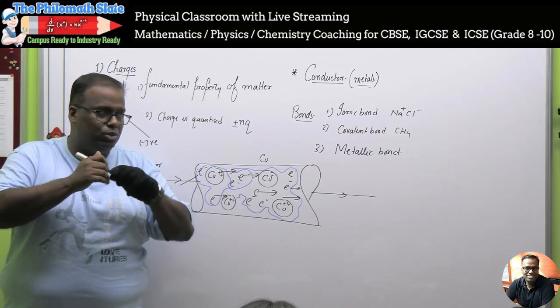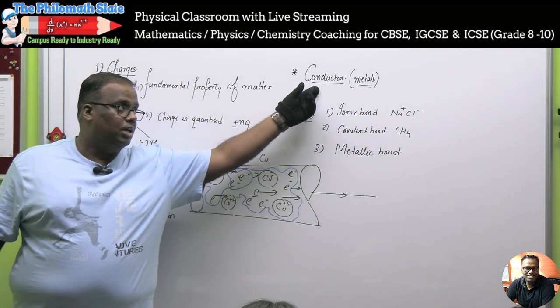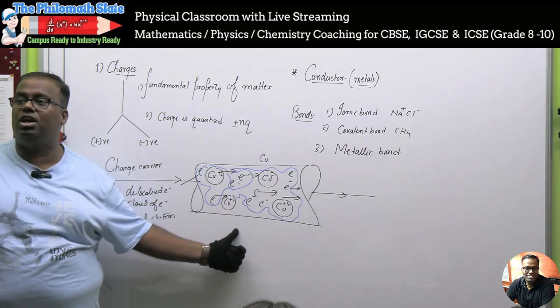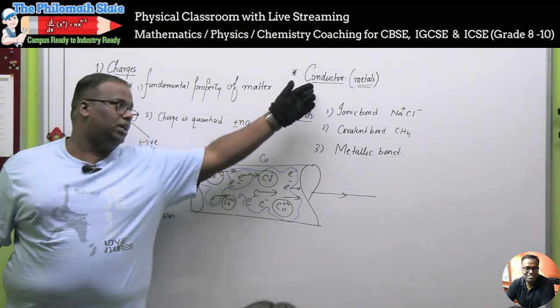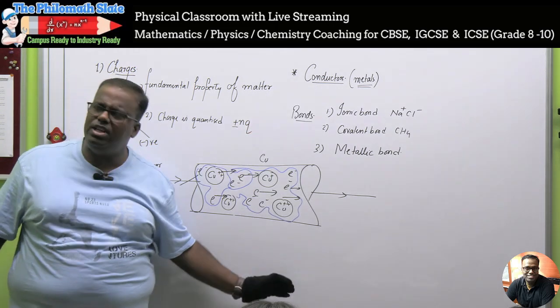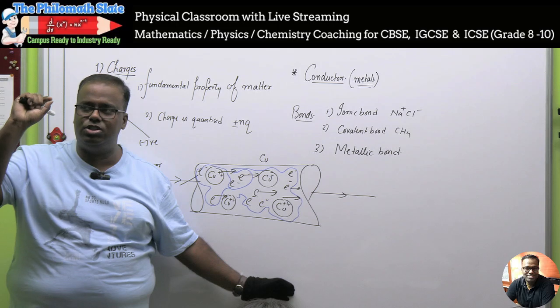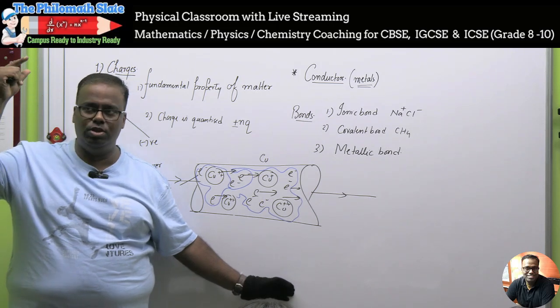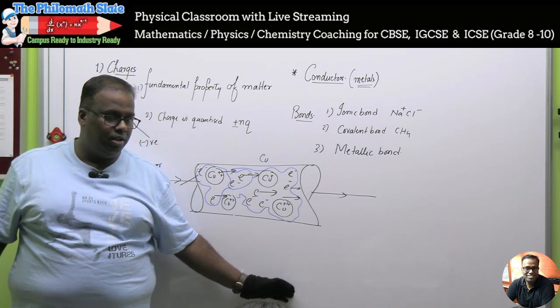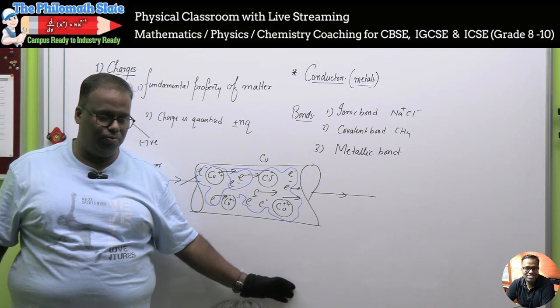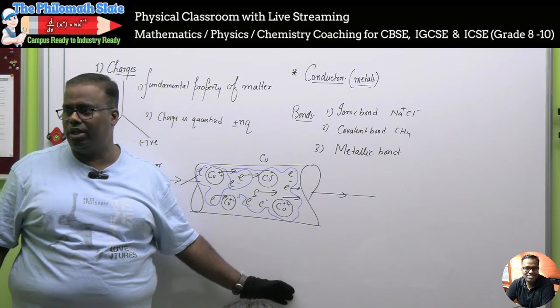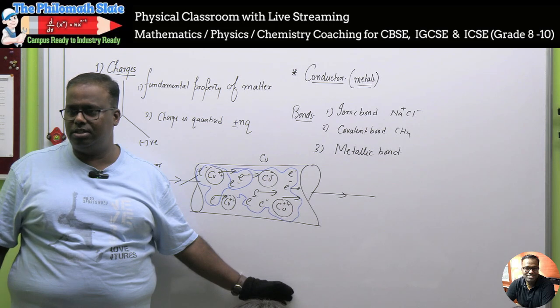So let us go back to conductors. What are conductors? Conductors are substances which conduct electricity. Why do they conduct electricity? They should have free charge carriers. Anything to conduct electricity should have a charge carrier. My question to you is, salt, which is there in the bottle in your house from which your mom or dad or your cook is cooking, will that salt conduct electricity?